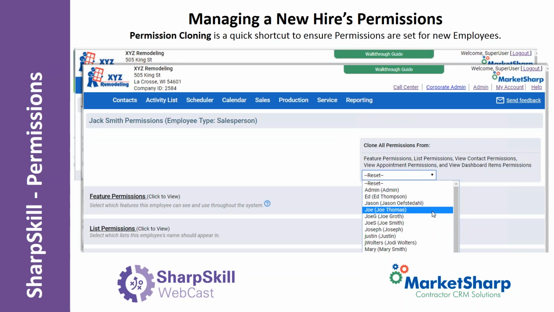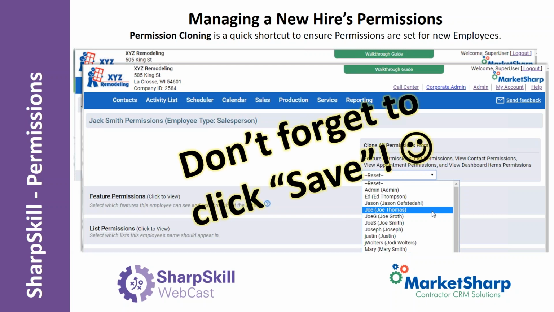What that will do is it'll check and uncheck all the permissions to match, check, check, check, recheck. Then we click save, and now their permissions are cloned to each other. So you have assurance that Jack's permissions now match Joe's. And again, helpful tip, don't forget to save. It's very important.